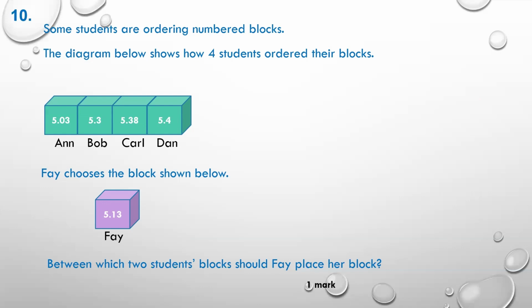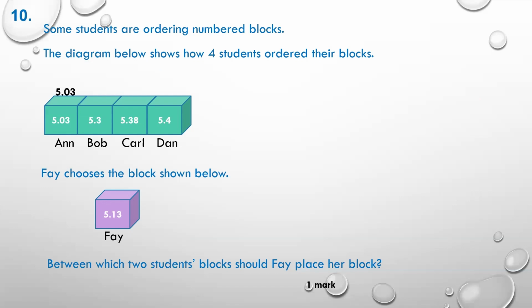Now, one of the things to remember here is if we identify 5.03 as Anne's, right? Sometimes some students get confused when there's one decimal place and two decimal places. So let's write all of them as if there were two decimal places, and that may help us.